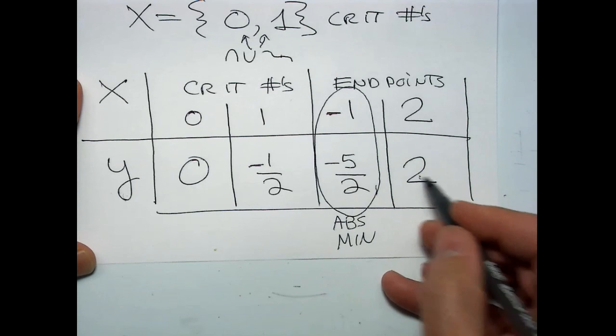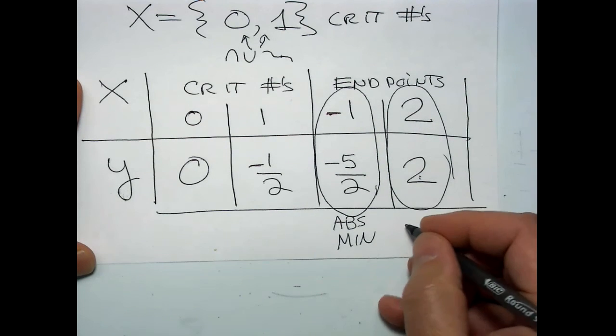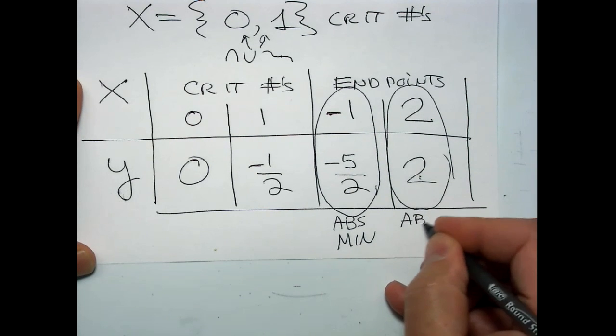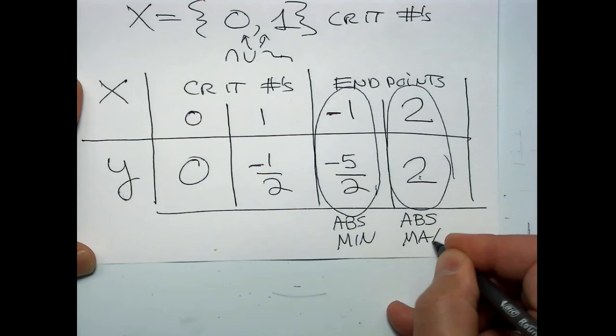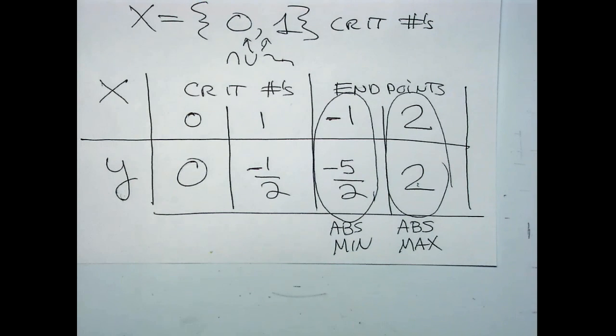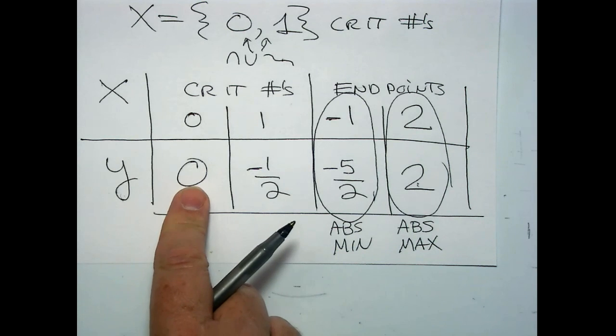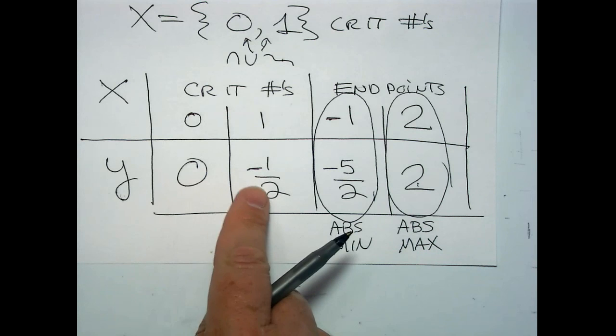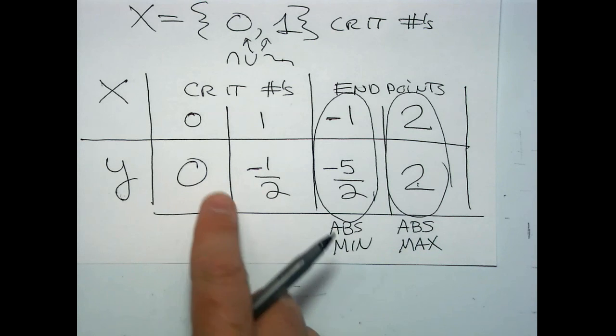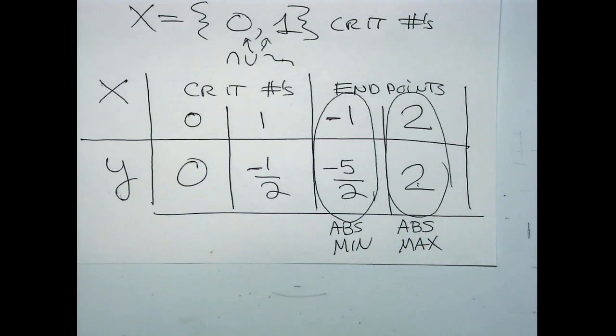You just circle the absolute largest y value and call it for what it is. It's the absolute maximum. So there's my absolute min, there's my absolute maximum, and sure, there's stuff going on here and here, but apparently these are not big or small enough to be considered absolute maxes or mins.